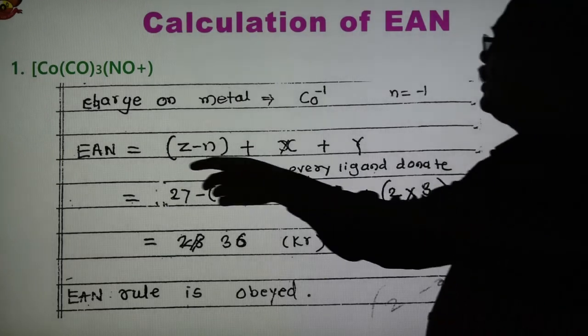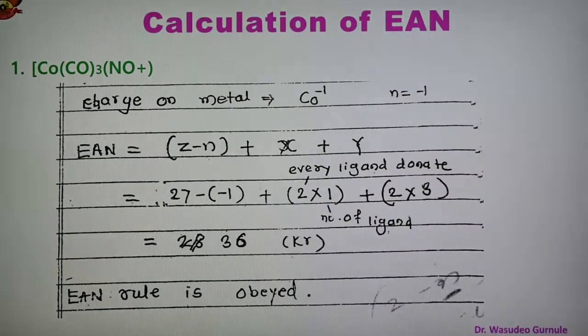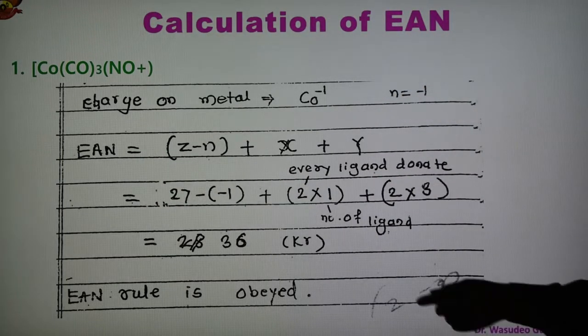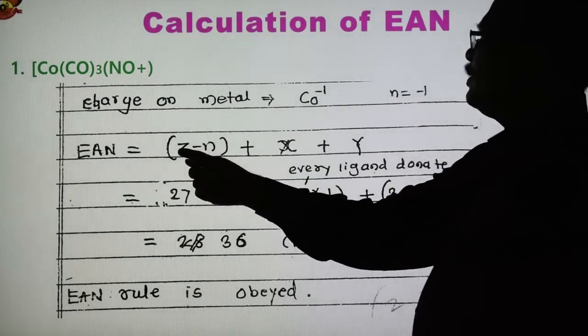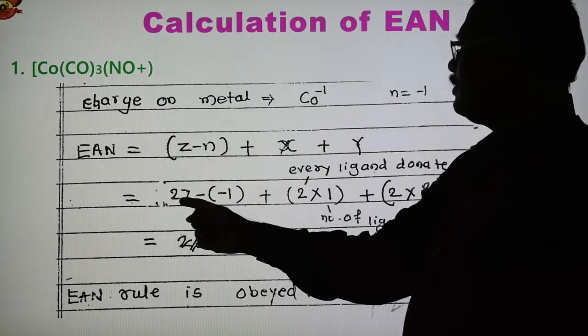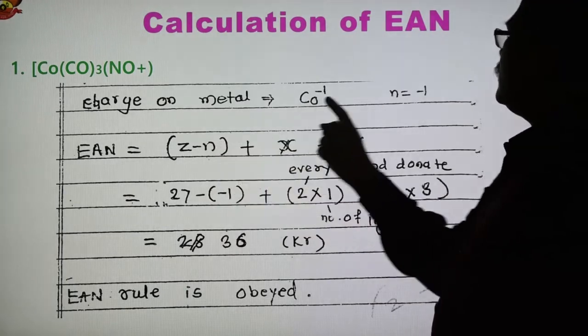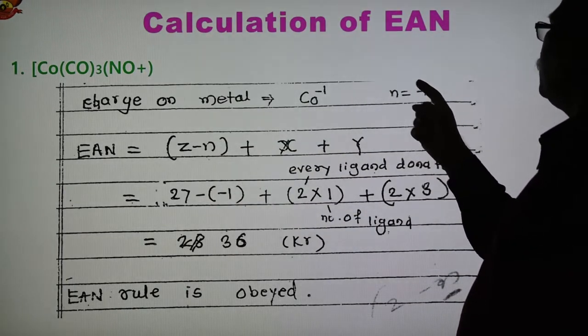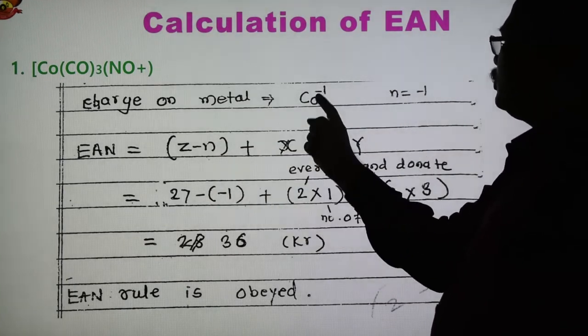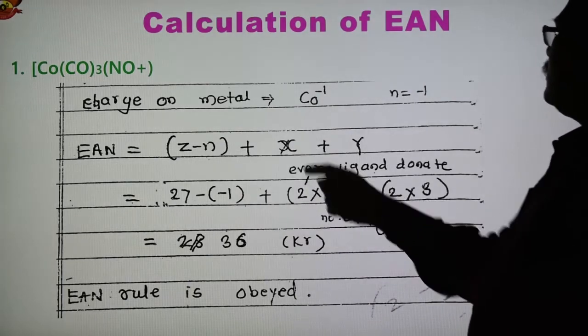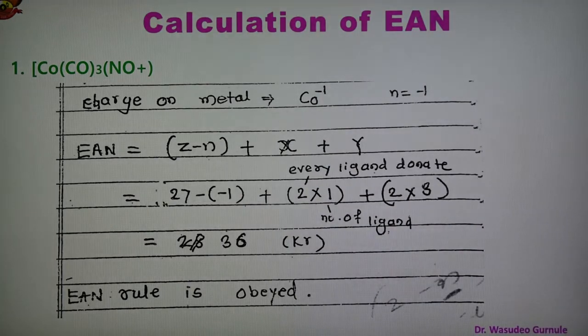Now the formula to calculate is EAN equals Z minus N plus X plus Y. Z, the atomic number of cobalt, is 27, minus N, where N equals minus 1, the charge present on the cobalt, plus X, the electrons donated by NO plus.